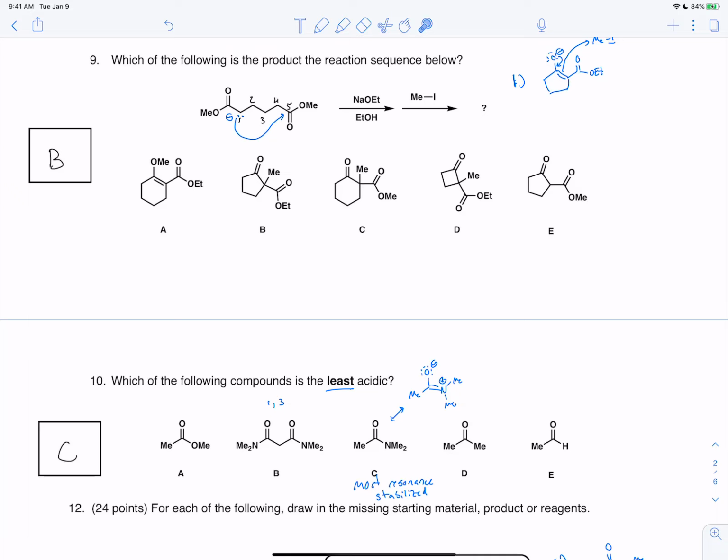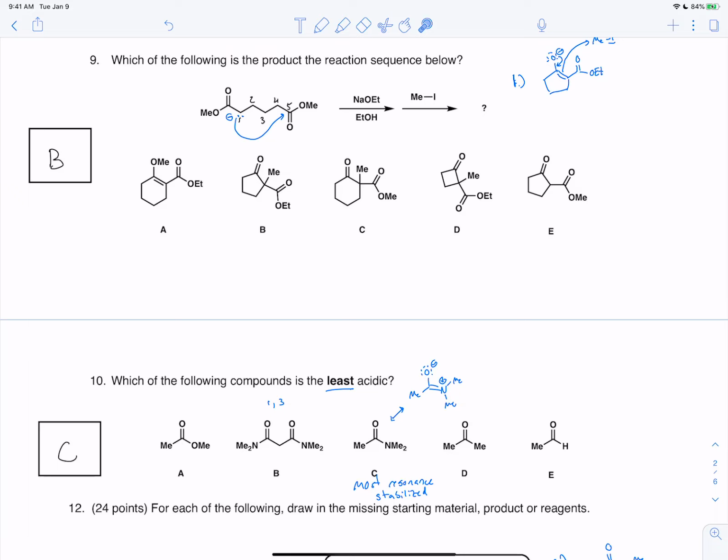So this will first attack the ester to go to a tetrahedral intermediate. That tetrahedral intermediate will collapse to give you a 1,3 beta keto ester. With sodium ethoxide around, we will continue to deprotonate it, and 1 will be the product after the first step.